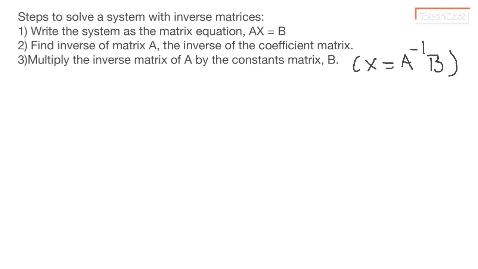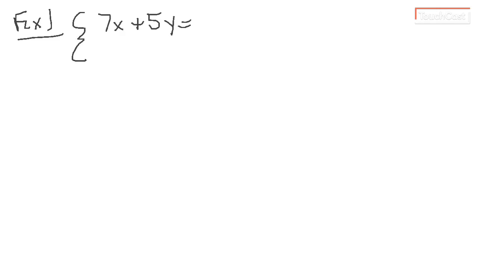I'm going to need more space, so I'm going to go to a new screen. Example 1, we're going to look at the system 7x plus 5y equals negative 14 and negative 6x plus y equals negative 25. So first, we write the system as a matrix equation.